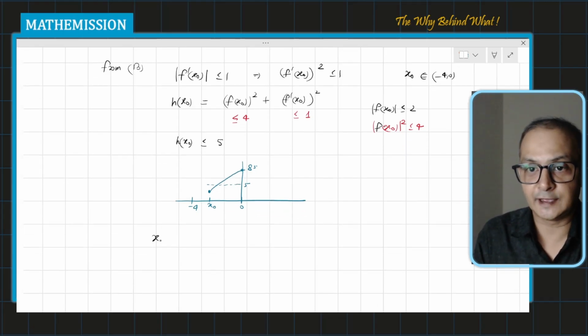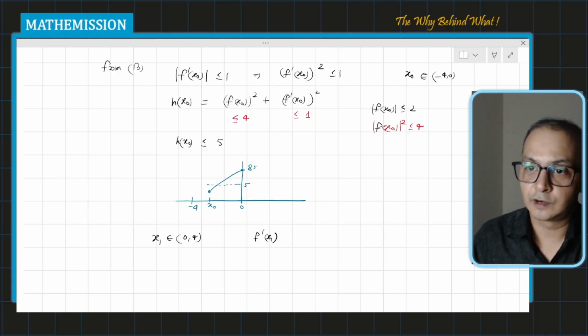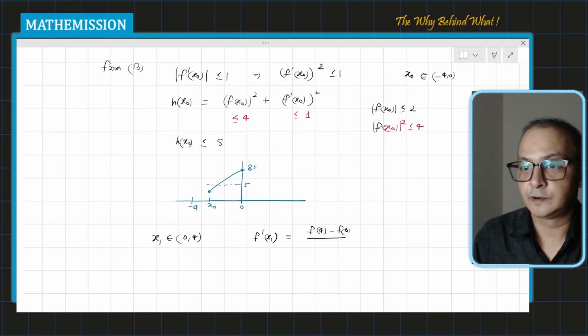Now from 0 to 4 we can apply the similar Lagrange's mean value theorem. So let's say x1 belongs to 0 to 4, and f dash(x1) I can write as f(4) minus f(0) divided by 4, and take the magnitude again.